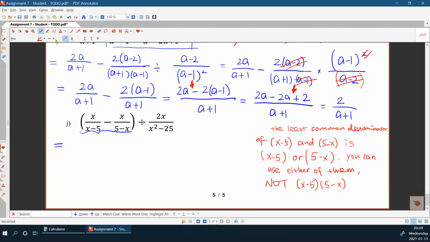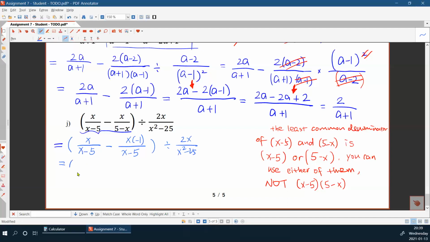All right? So for example, if we use x minus 5, let's see what happens. If we change the second term to something over x minus 5, that means we have to multiply by minus 1 to both the numerator and denominator, right? And then divided by the last term.